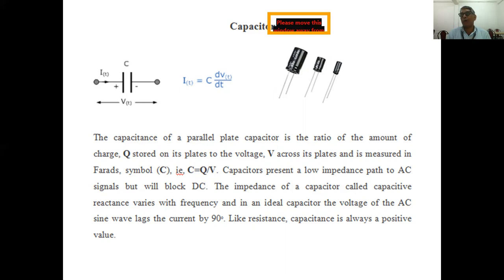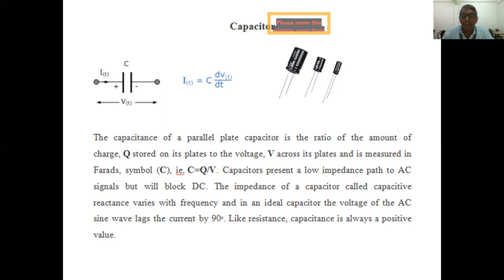This is a very, very important point. It is used to store a charge, and then it discharges whenever needed. The capacitor is the opposite of an inductor: it allows AC and blocks DC. If there is any variation, it allows it, but if there is no change, it blocks.